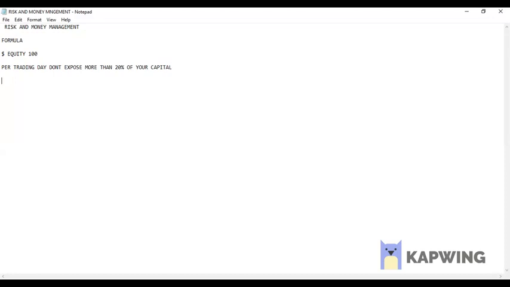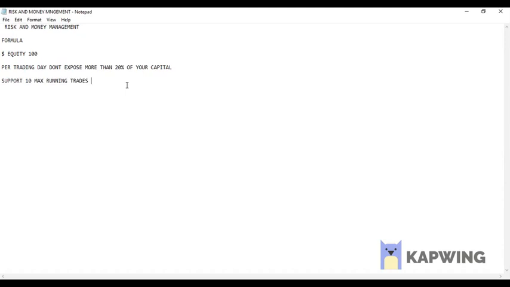So you can only support 10 maximum running trades, because each trade is carrying 2% of your capital. If you lose all the 10 running trades, you have only lost 20%.